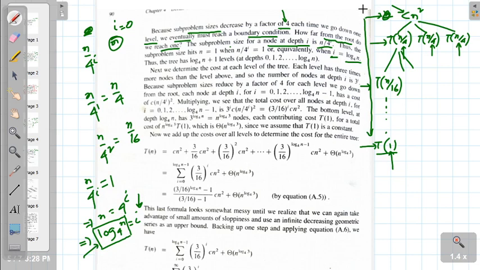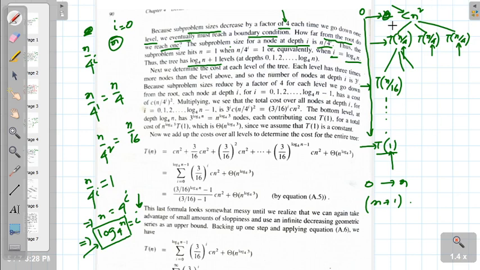We are starting from 0, so 0 to log n base 4. That means log n base 4 plus 1 levels we are having, right?